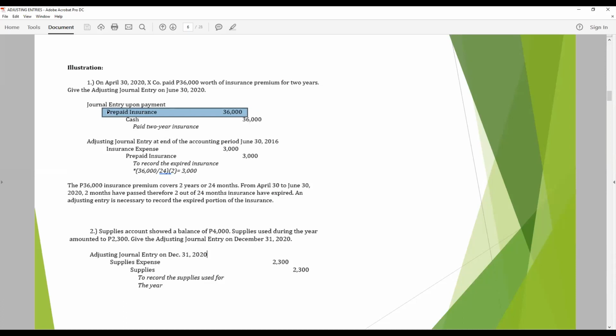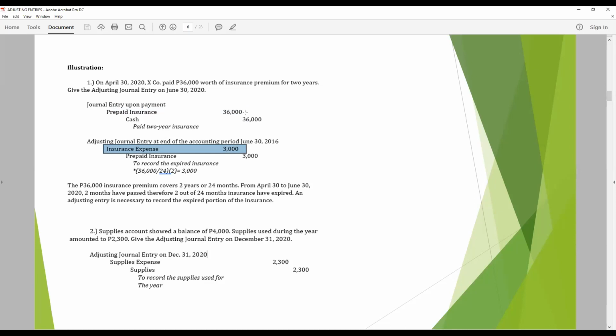So the adjusting entry as of June 30, 2020 will be debit insurance expense, 3,000. Credit prepaid insurance. Bakit 3,000? Kasi i-recognize nyo na ngayon as expense yung month ng May and June. 2 months.